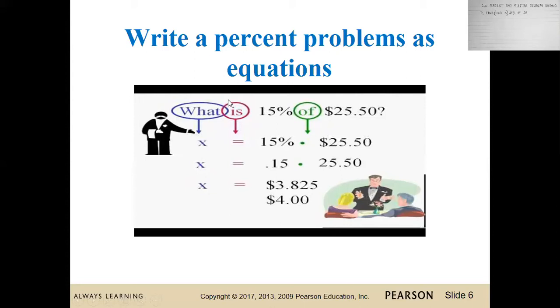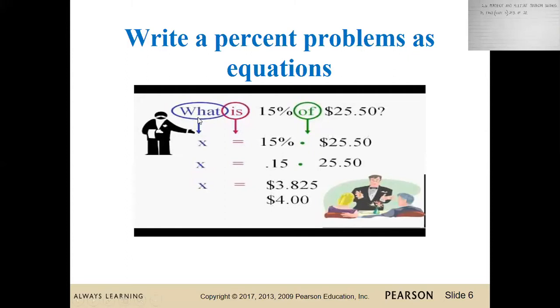And once it's an algebra equation, you should be able to solve for whatever the missing variable is. So you have some key words that easily translate into a mathematical symbol.